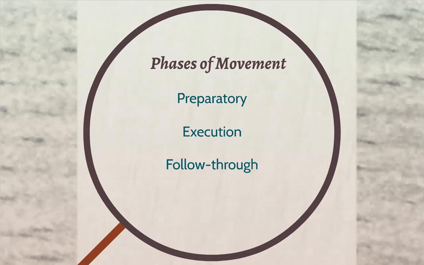If you're doing striking, that's the same thing, right? You're going to bring your arm back behind you in preparation. You'll swing through, that's execution, and then after contact, you keep moving, right? You don't just hold it there, and that's the follow through. Okay, so each of your movements is going to have those preparation, execution, and follow through phases.